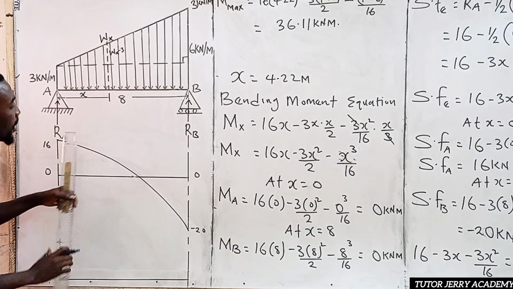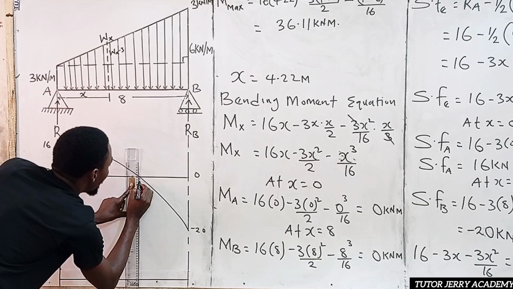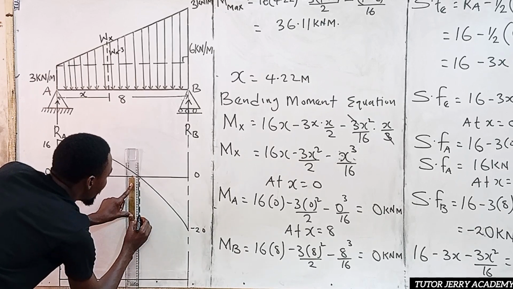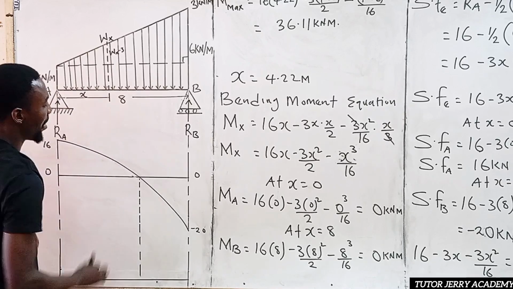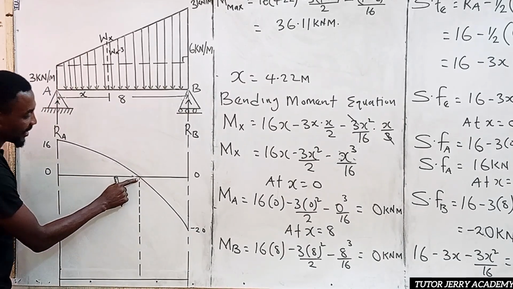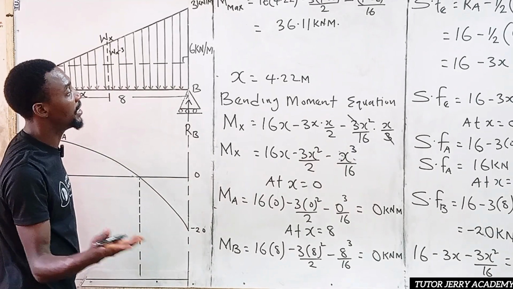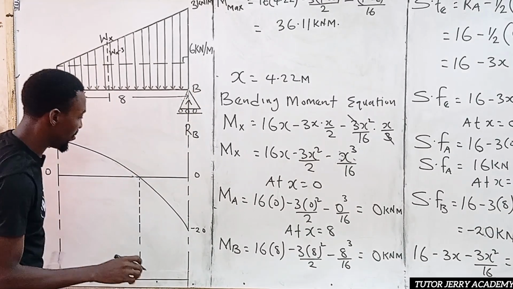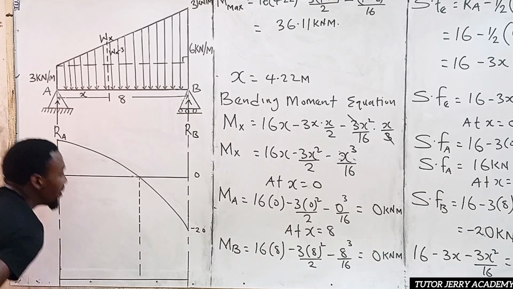All right. So now if we trace this point down, because we know that it is from this point that our shear force is equal to 0, so we trace it down. The point where our shear force is equal to 0 is the point where we have our maximum bending moment, which is 36.11. So we can just take this point to be 36.11.